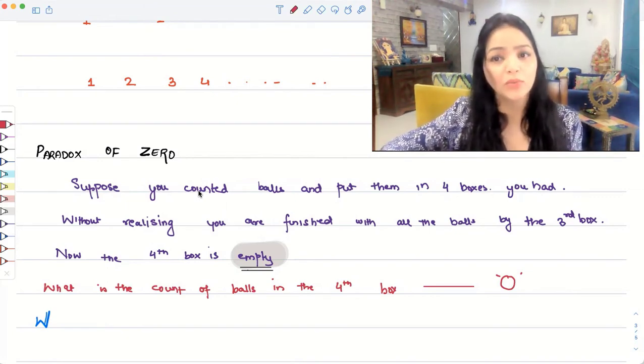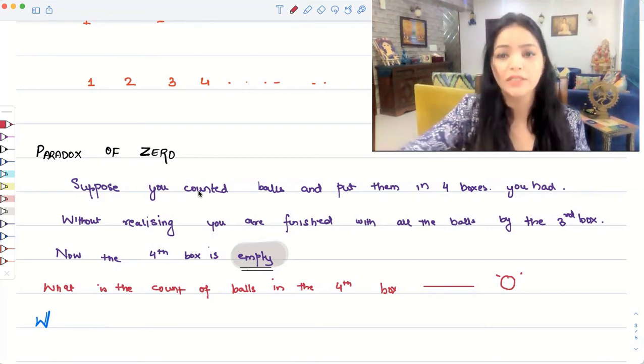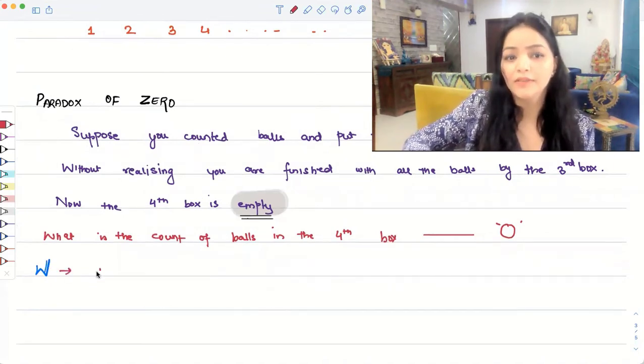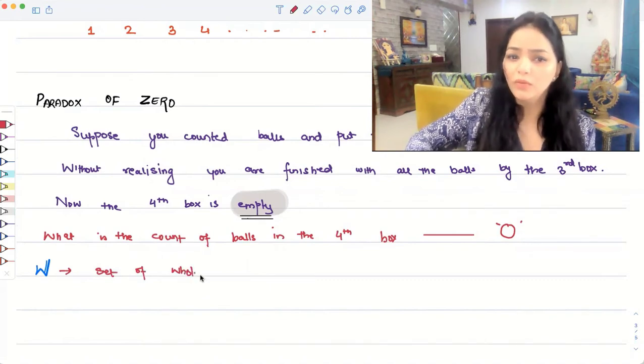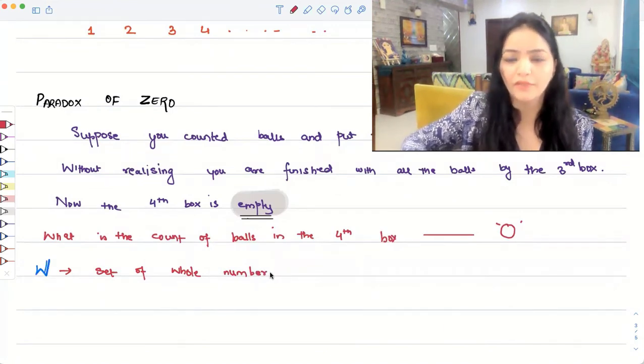When you add this number 0 to the set of natural numbers, to your counting, it gives you a new set, which is the set of whole numbers. So what are whole numbers? Whole numbers are basically natural numbers plus another number, which is 0, signifying emptiness.